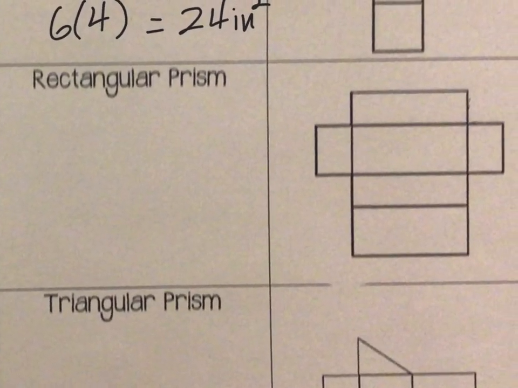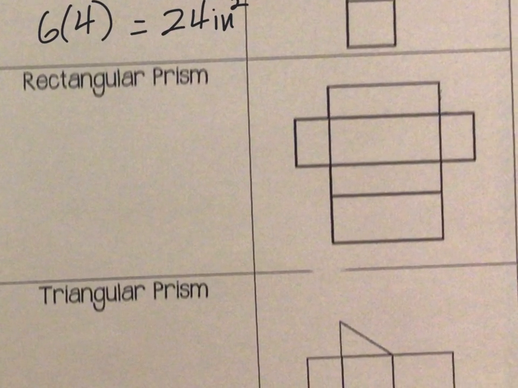Now, a rectangular prism is a little bit different. For a rectangular prism, we can't use that format. The strategy I like to use for a rectangular prism, there's lots of strategies here. We could find the area of all of these and add them all together, or we can use this little Y strategy, and I'm really kind of fond of this. I'm going to draw this Y here.